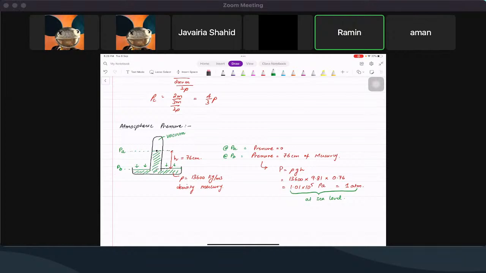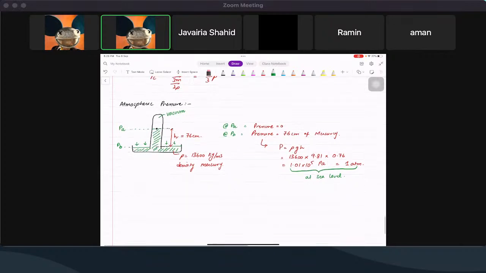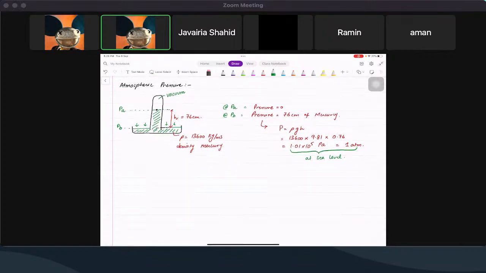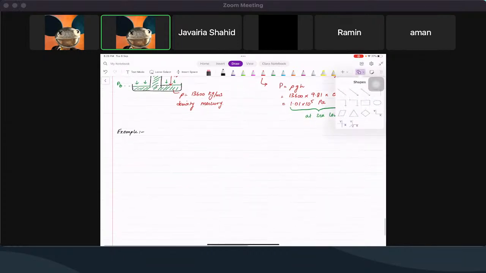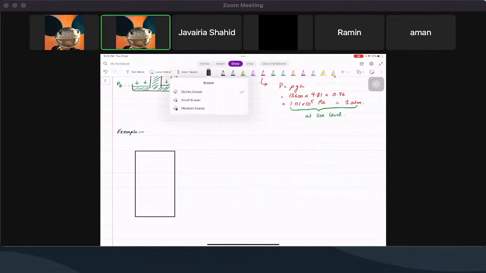Now keeping that in mind, we'll do some examples, and now we'll see how to deal with multiple layers of pressure, right? And that's what you are confused about, and I want to explain it to you. So suppose that we have a container which is open from the top, and then it has different layers in it.